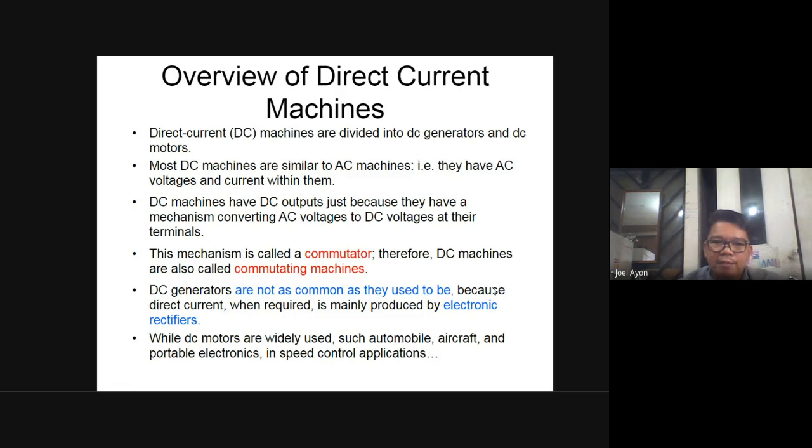By the way, what is a rectifier? It converts AC into DC. Rectify, from the word rectify, from alternating current to direct current. While DC motors are widely used, such as in automobiles, aircraft, portable electronics, and in speed control applications.